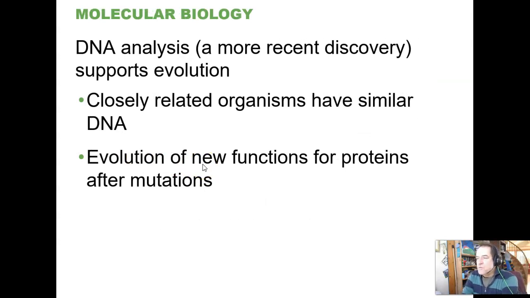Then, of course, much more recently, we are introduced to molecular biology techniques, and that is primarily looking at DNA. Remember, from 1406, DNA, deoxyribonucleic acid, is the stored information on the chromosomes of every living organism in the form of genes. Those genes code for RNA.